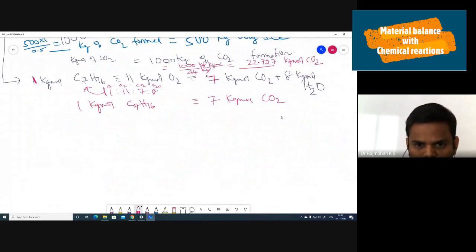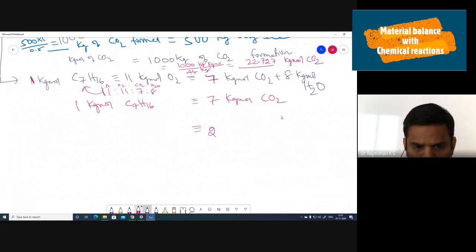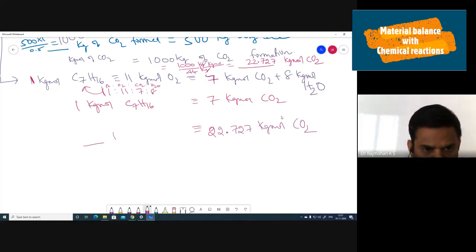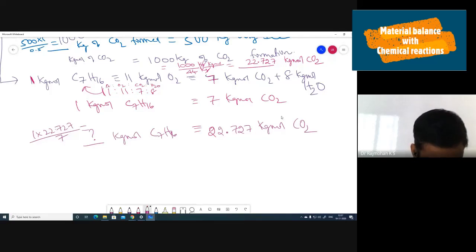So to form 22.727 kg mole of CO2, how many kg moles of heptane are required? 1 into 22.727 divided by 7, which is 3.25 kg moles of heptane.